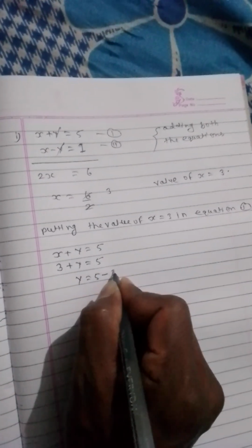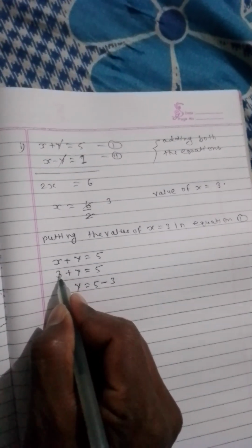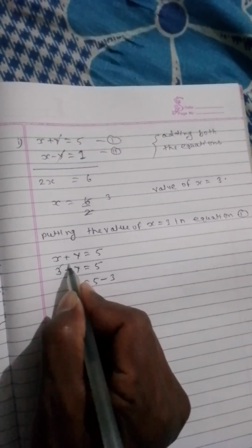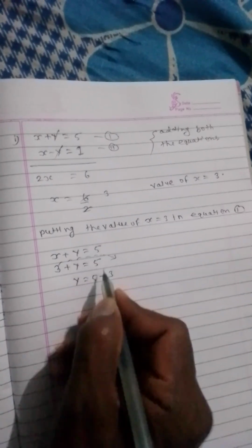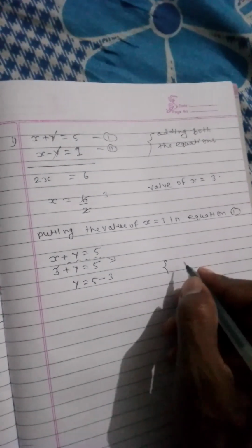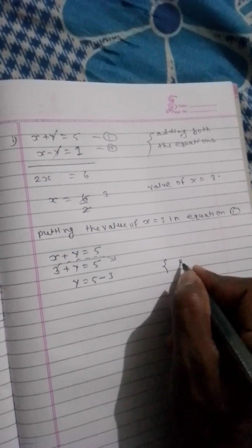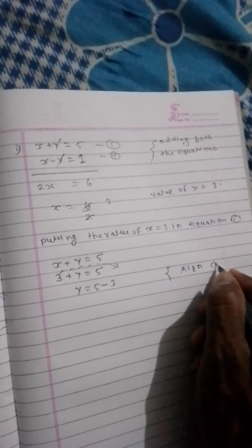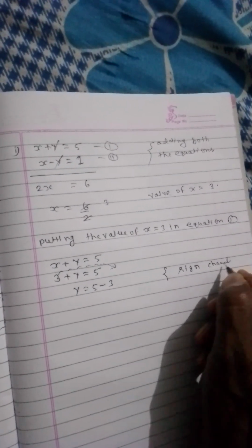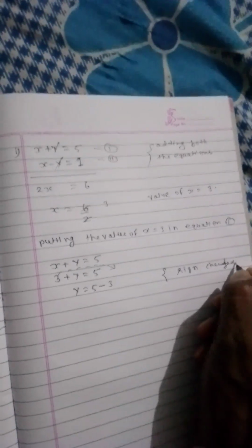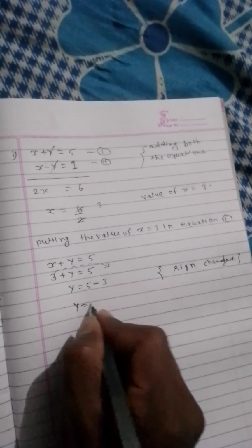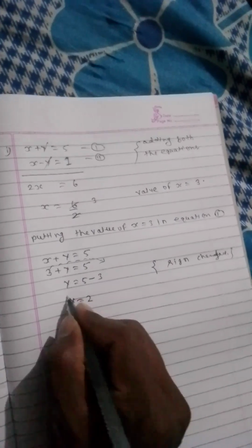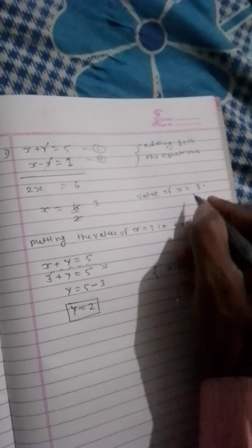So y equal to 5 minus 3. When we brought this 3 that side, sign changed. So y equal to 2.